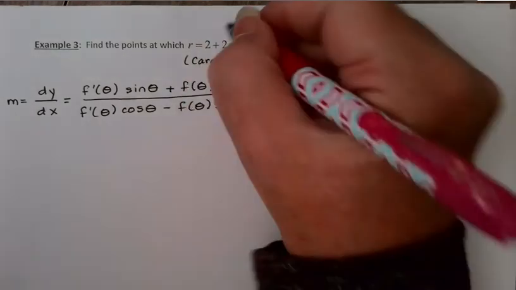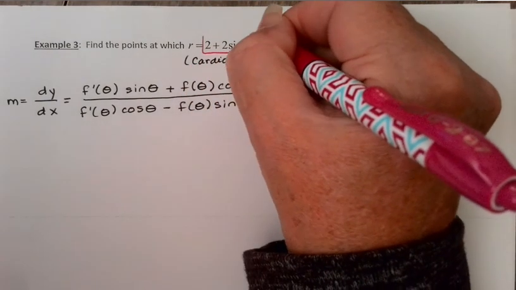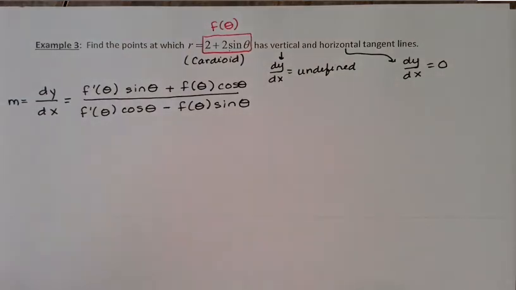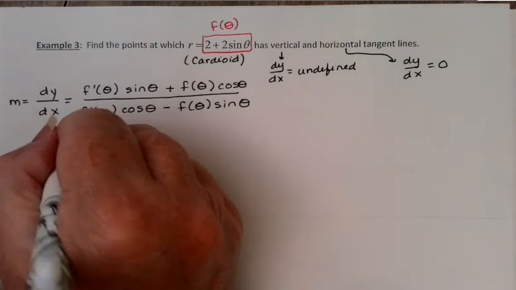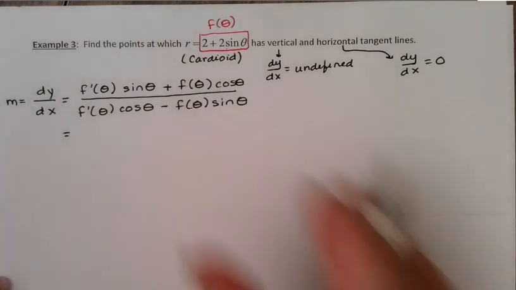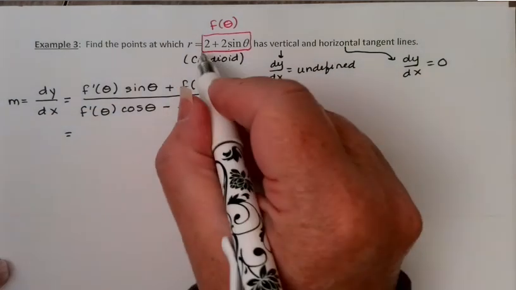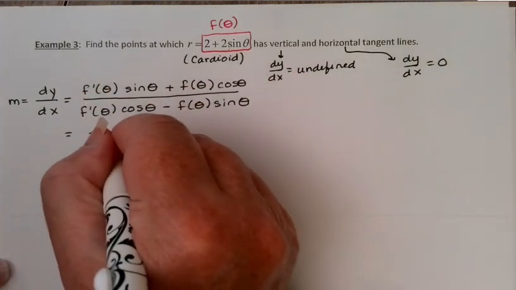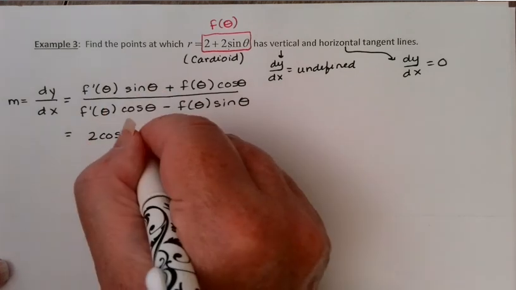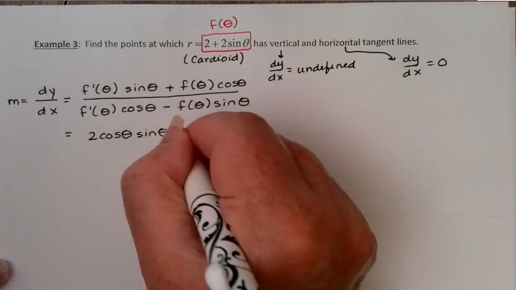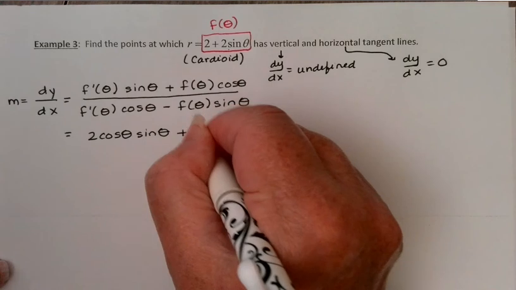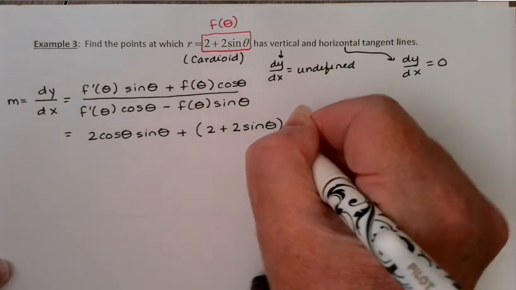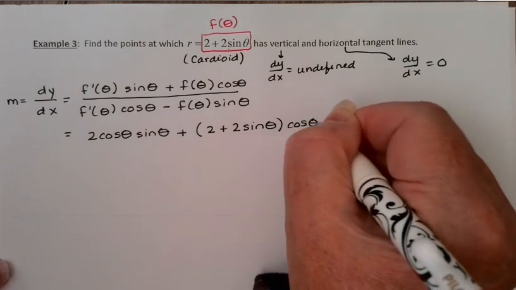This time our f of theta is the 2 plus 2 sine theta. So f prime would be, that'll be 0, and that'll become a 2 cosine theta, times the sine theta, plus f of theta, 2 plus 2 sine theta, times cosine theta.